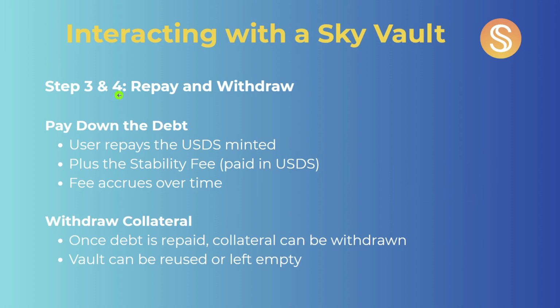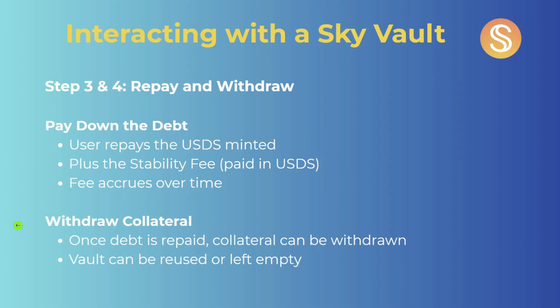Steps three and four, we have to repay and withdraw. So pay down the debt. The user repays the USDS minted plus the stability fee, because you have to pay a fee each year in order to borrow this DAI, and it is paid in USDS. Of course, the fee accrues over time.